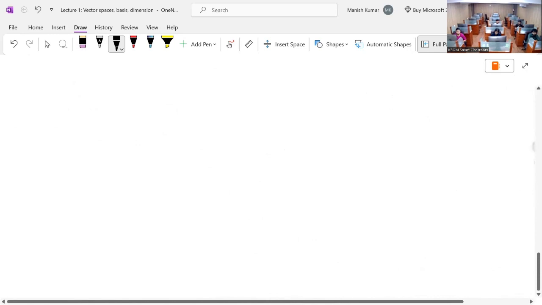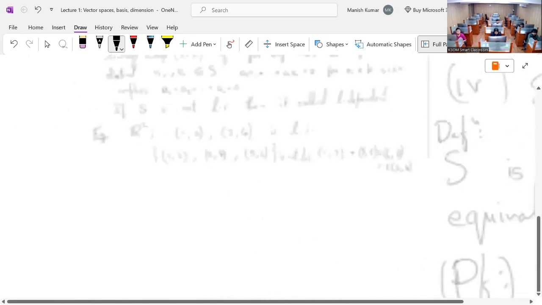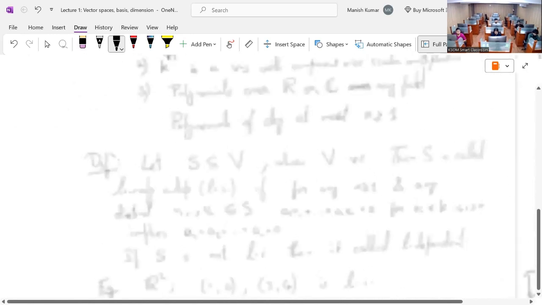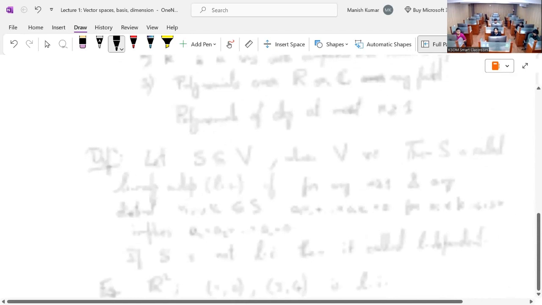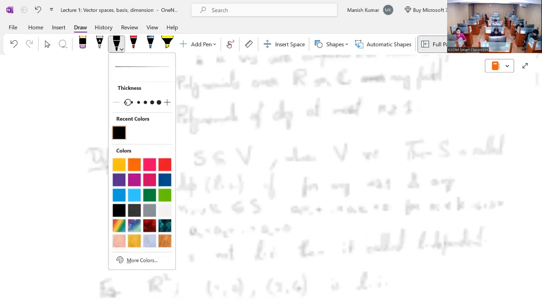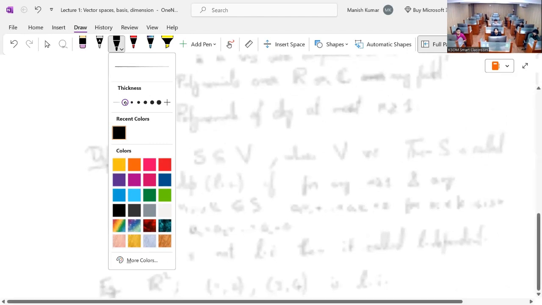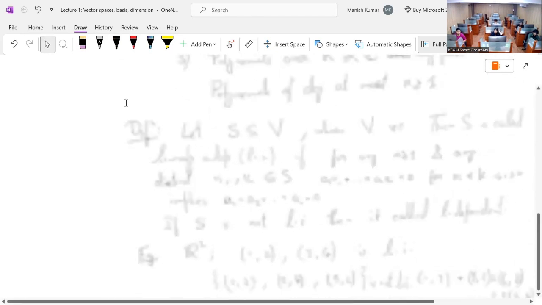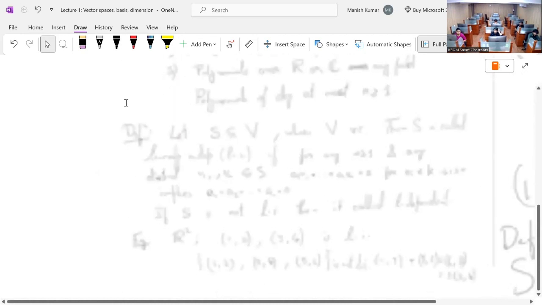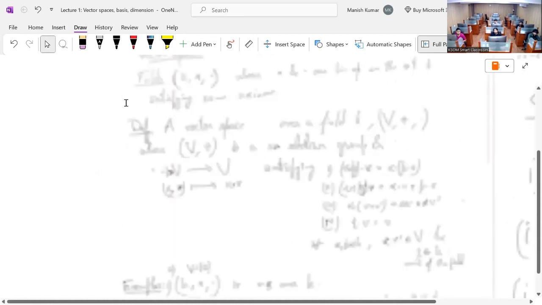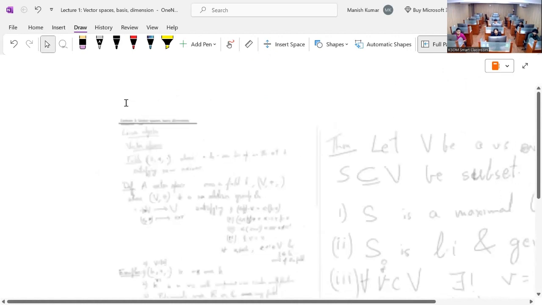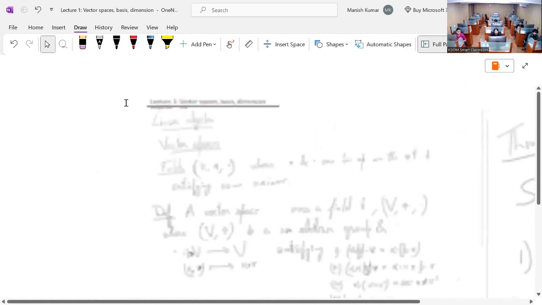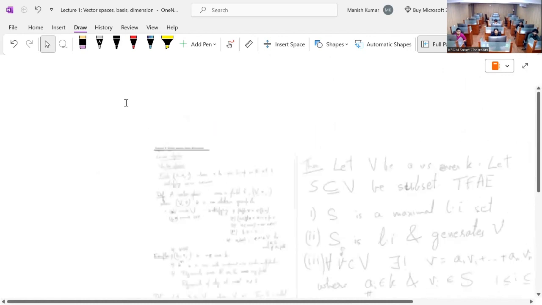Let me see if I have a similar size. Let's keep this similar size. I think the previous version was much better. I'll try to use the previous version next time. Previous version of OneNote, they sort of ruined it.